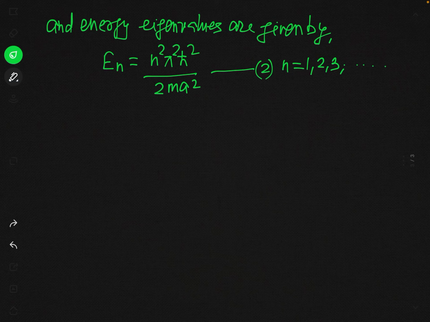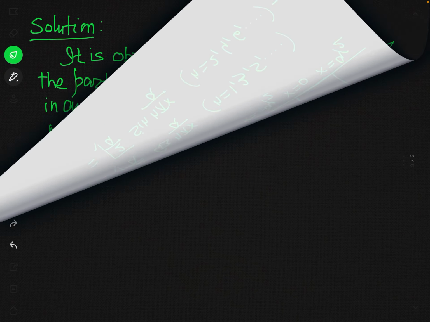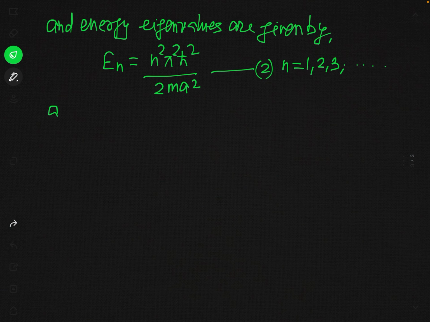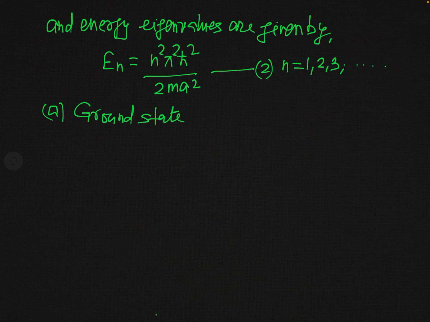Now you can see that in the first part of our problem we have been asked to find the eigenfunction in the ground state, in the first excited state and in the second excited state. So let us find the ground state eigenfunction.